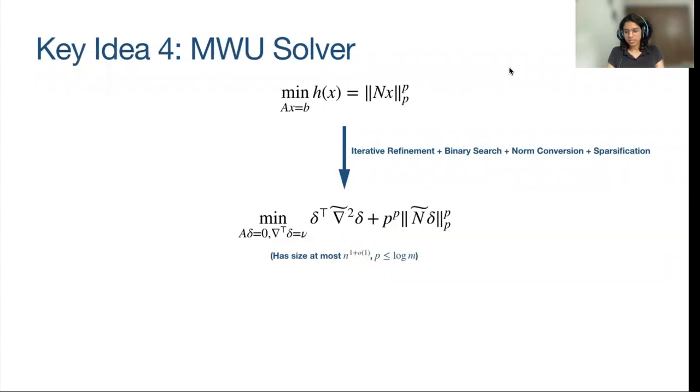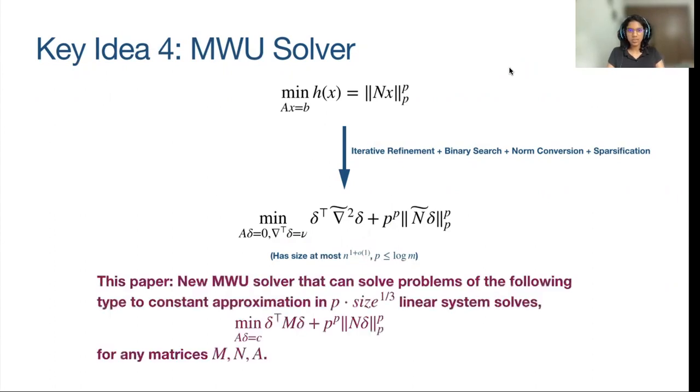So to solve this, we will use an accelerated multiplicative weight update solver, where basically we solve a weighted linear system in each iteration, and the solution returned by the system is checked. And if it has a large LP norm, then the coordinates with a high value are penalized by doubling the weights along those coordinates.